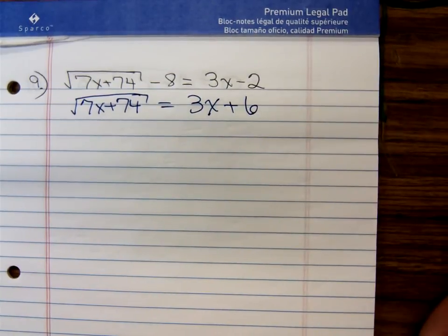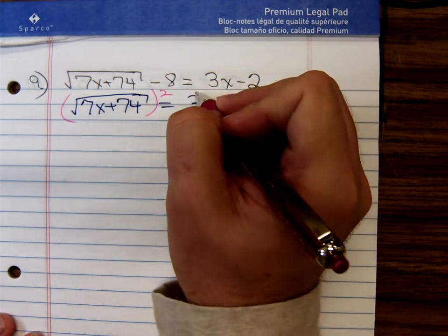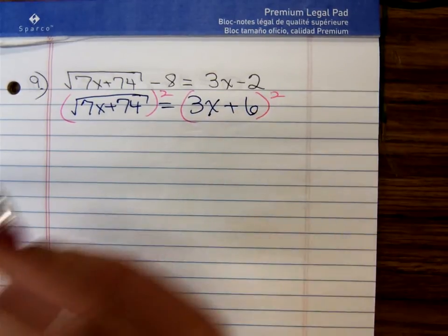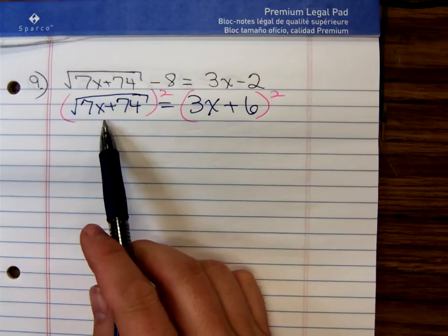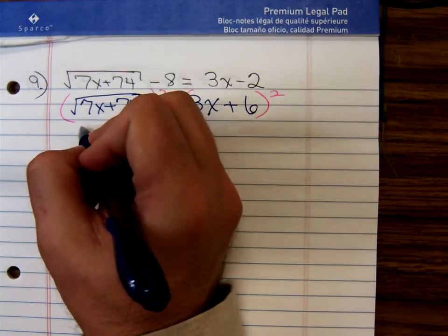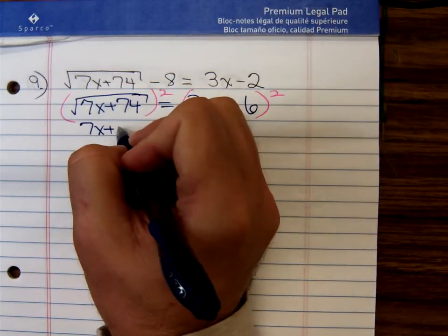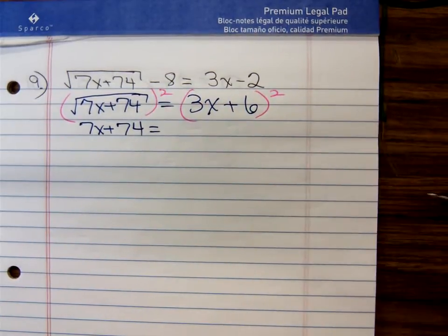And now I've isolated a radical term, so it's a square root. I'll square both sides. Squaring the left side, that's very nice. It just reduces to the radicand, 7x plus 74. But what are we going to have to do with that 3x plus 6 quantity squared?